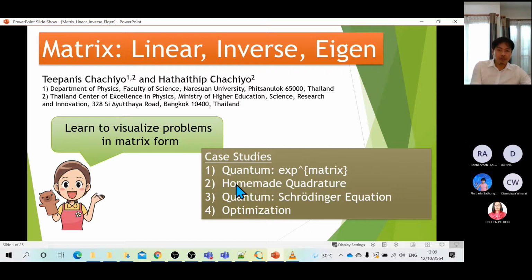Hopefully after you have been through all of these case studies, you gain skills of how to see problems in your research or in your work in the form of a matrix.